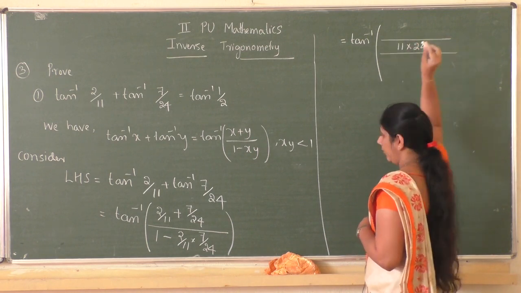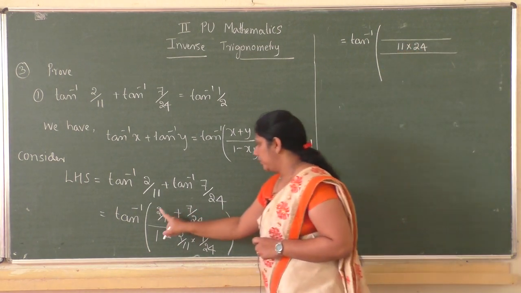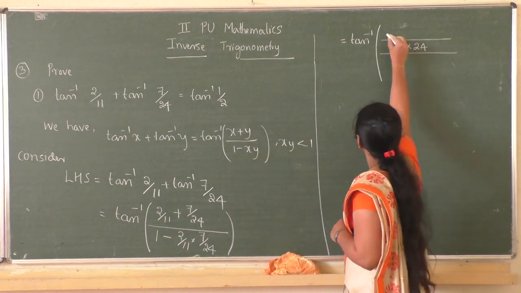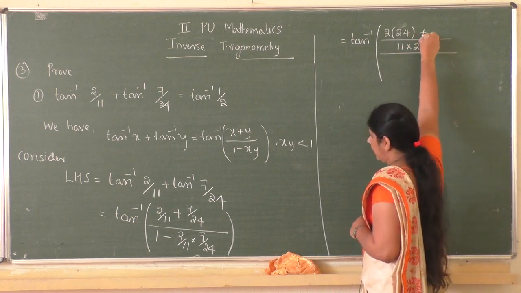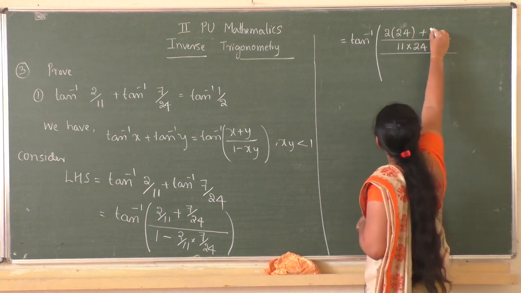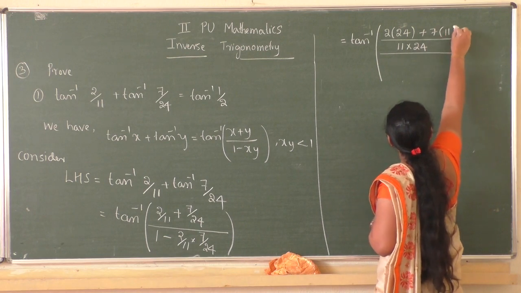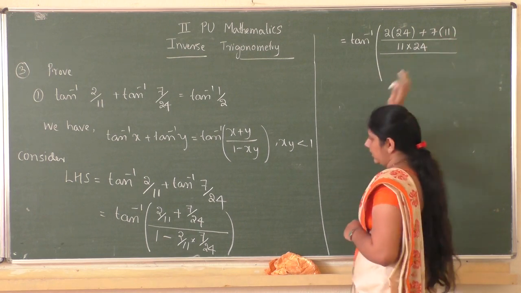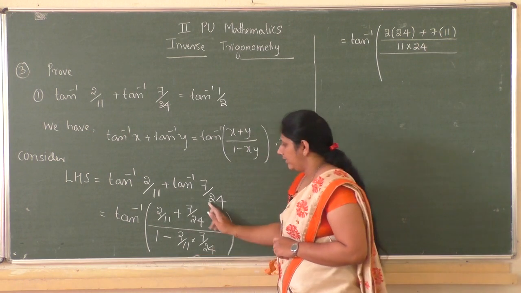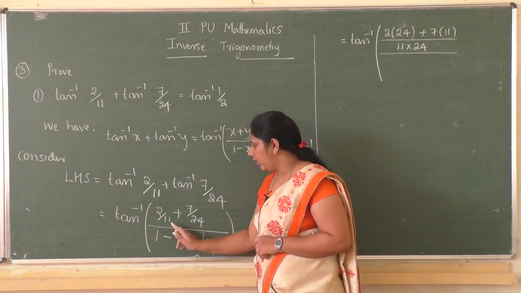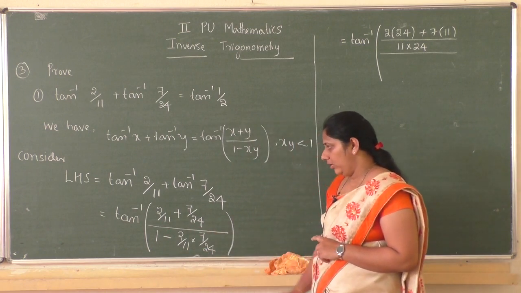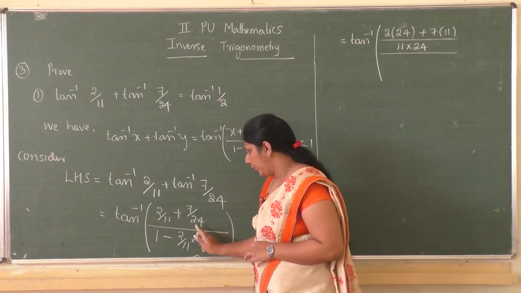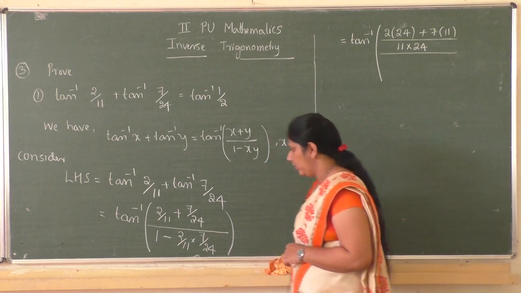What about the numerator? 2 into 24 plus 7 into 11, right? If we take the common denominator and simplify, we get the common denominator as 11 into 24. So the numerator becomes 2 into 24 plus 7 into 11.